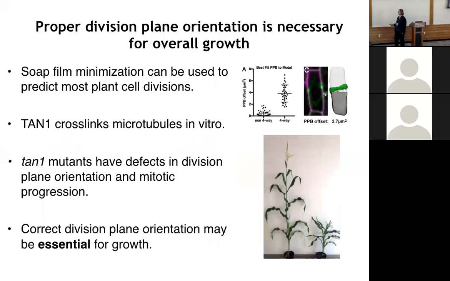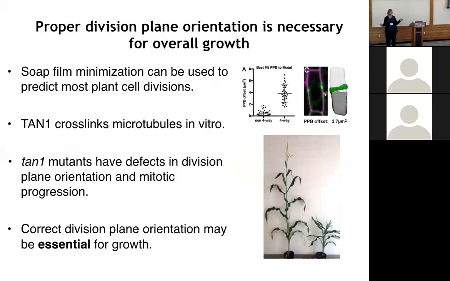So here are my conclusions. The first conclusion that I want to make is that we can uncouple the mitotic progression delay from the phragmoplast guidance defect. We could show that those plants grow just as well as wild type plants. So this suggests that the combination of a mitotic progression delay and a division plane defect is actually critical for growth.